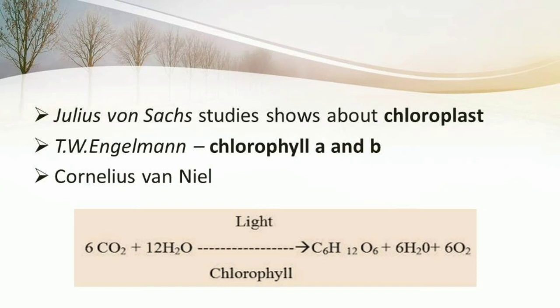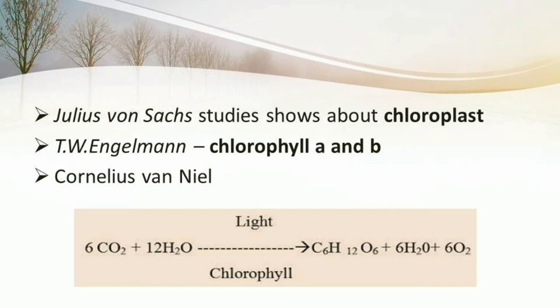Julius von Sachs gave evidence for the production of glucose during the growth of plants. Glucose is usually stored as starch in the green substance of the plants. The green substance we call chlorophyll.